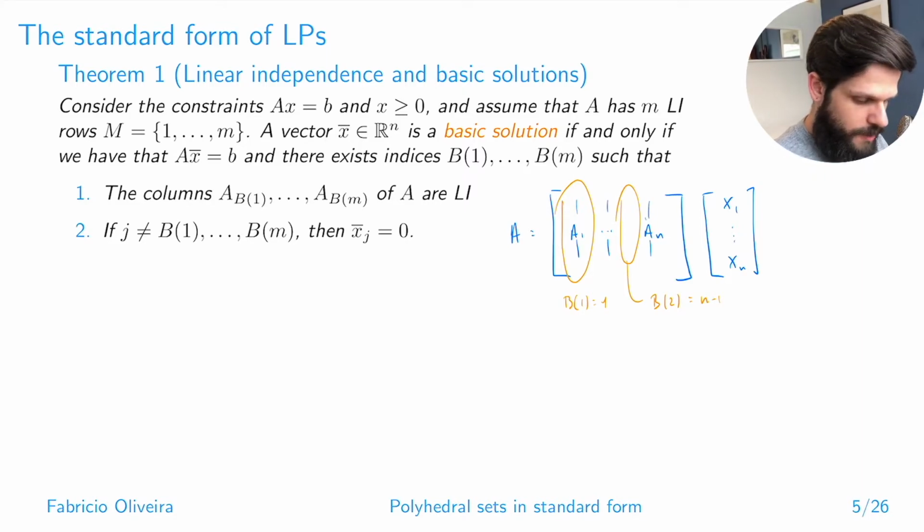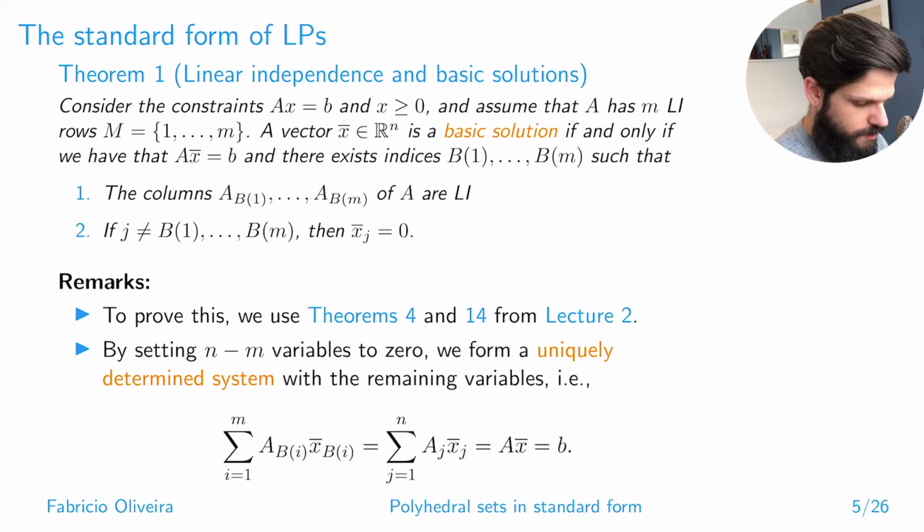I'm not going to give an explicit proof for this, but it is very straightforward with what we have seen from the previous lecture. You go back and look at Theorem 4, which relates the notion of vectors spanning a space, being linearly independent, and forming a basis.